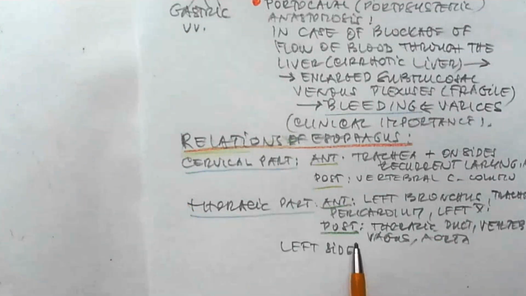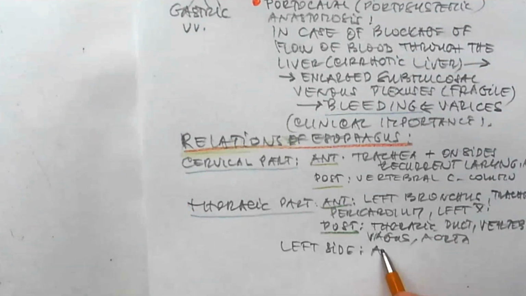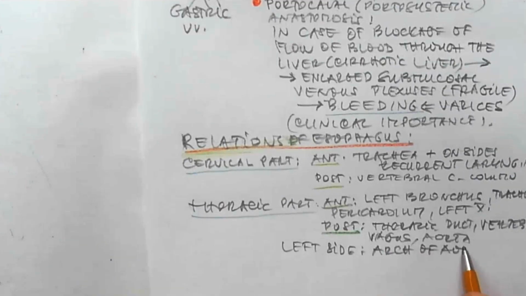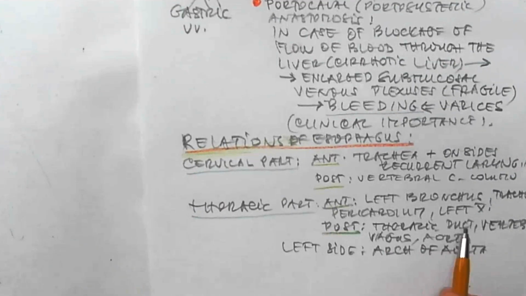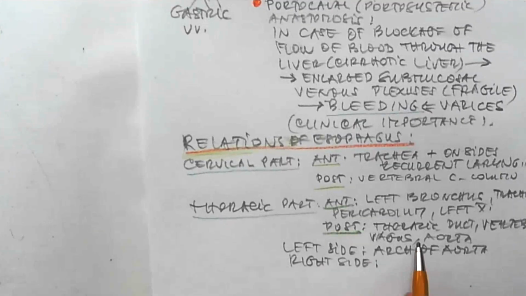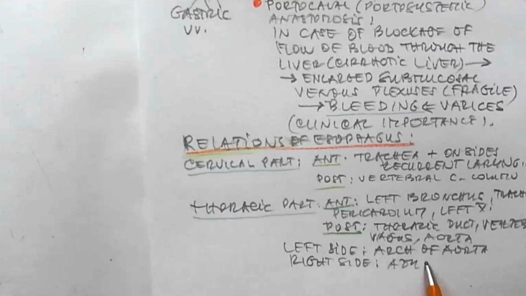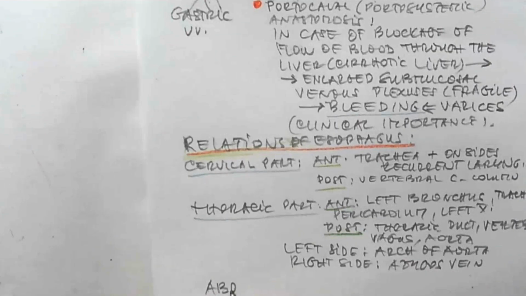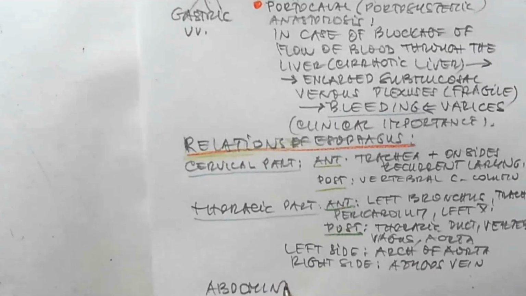Left side, aortic arch of aorta, just one thing, and right side is the azygos vein. That's it, azygos vein, sufficient. And finally, the abdominal, very short abdominal part.